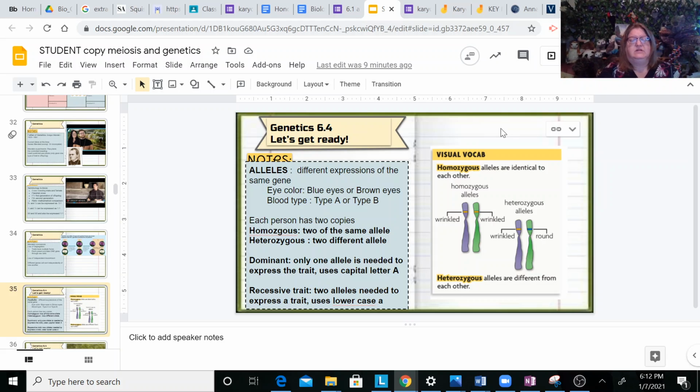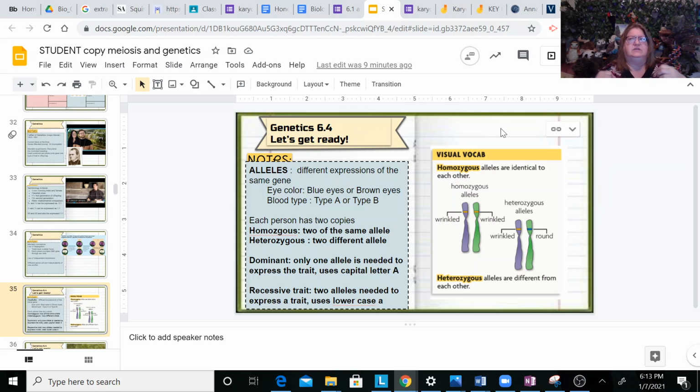Now, dominant alleles are usually expressed with a capital letter. We understand that shows that it is a dominant allele. Recessive alleles, you need two of them in order to see that. Otherwise, if you have a dominant and a recessive, the dominant trait is seen. Now, one quick word: dominant does not mean it's stronger.